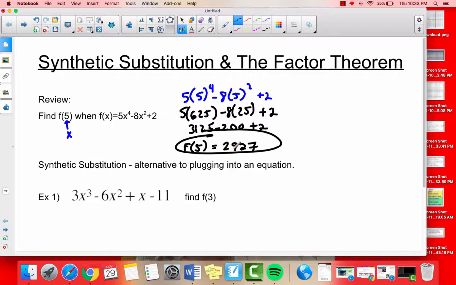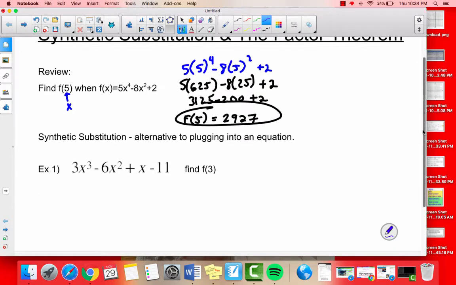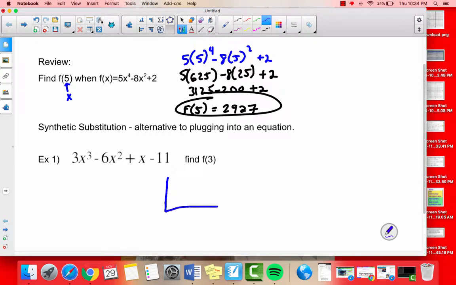And so all you're going to do is use the same format of synthetic division that we learned a couple sections ago. And when you're done, you're going to be looking at the final answer at the end, the remainder. And I'm going to go ahead and set that up for you here. Remember, when you do synthetic division, you're going to make your box. And then in that box, you're going to have all of the coefficients.